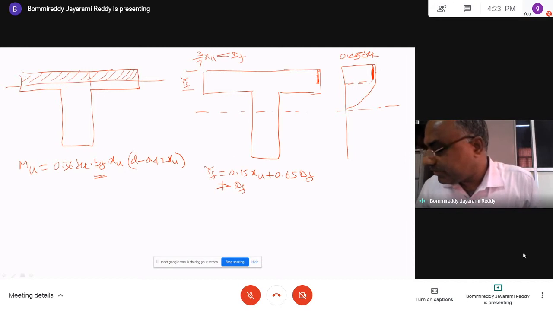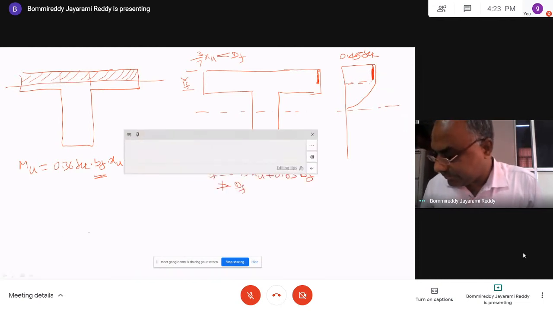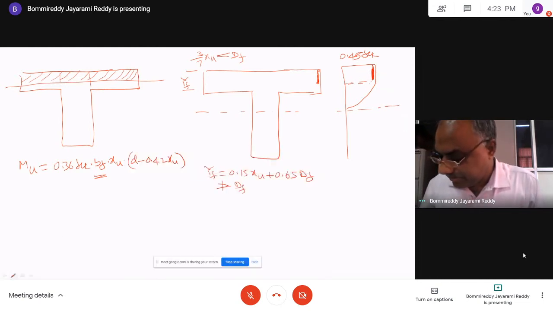And in this case, what is going to happen? This is one force, called the CF, and this is another force, called CW. CW means the entire web is considered like this.